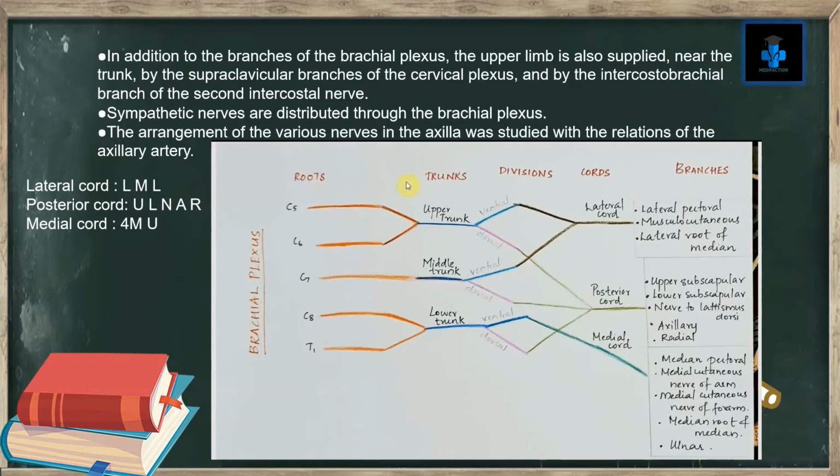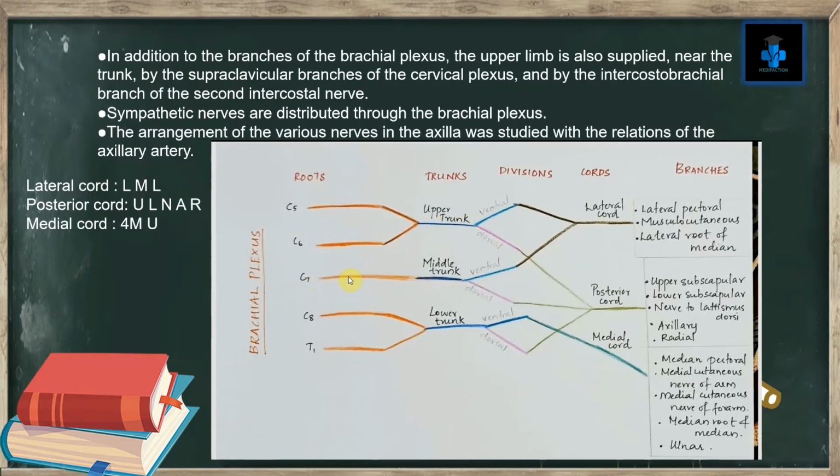So as I told, to learn this brachial plexus, I have done some modifications from the previous diagram. So let's make it simple. Let's begin. As I told, the roots are C5, C6, C7, C8, T1. When C5 and C6 join together, they form the upper trunk.